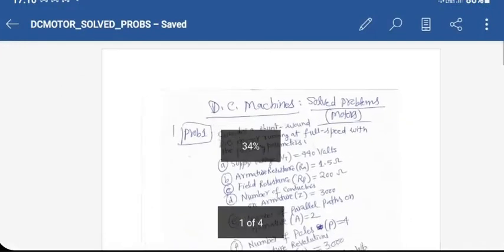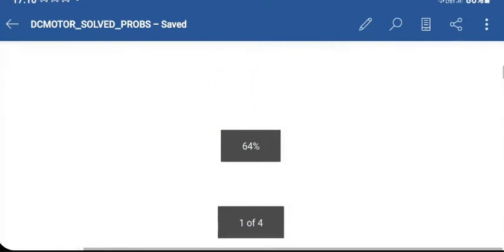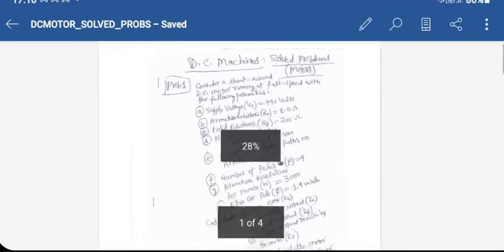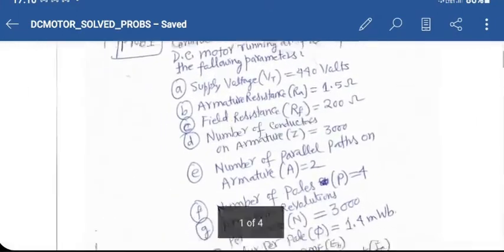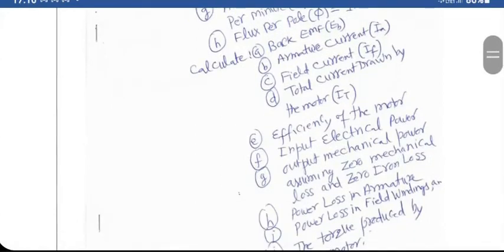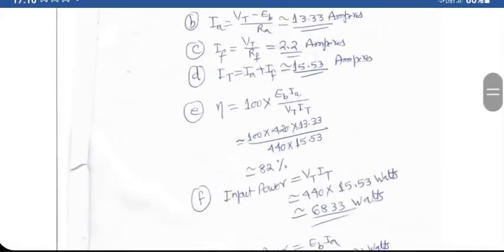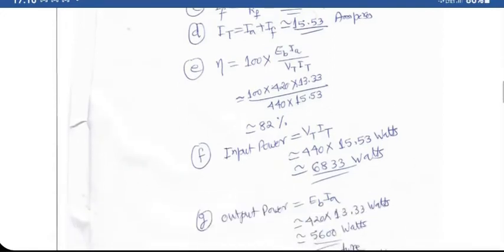What next? One minute. I'm getting lost. Efficiency, yes. That means output power divided by input power. In fact, before efficiency, maybe we should calculate powers. After D, I've gone to E, but let's try F first.